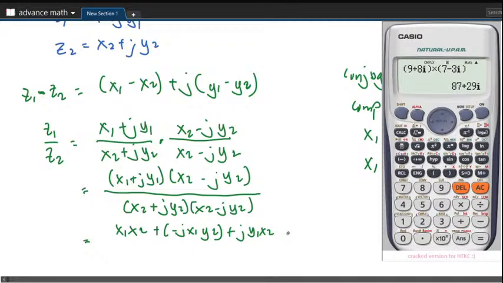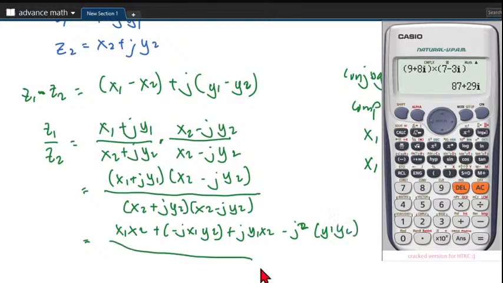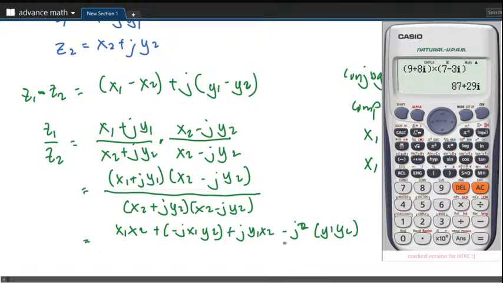Then we have negative j squared y sub 1 y sub 2, over x sub 2 times x sub 2.